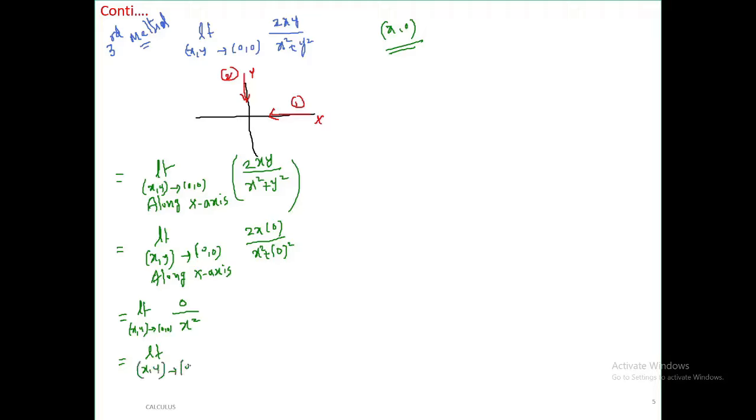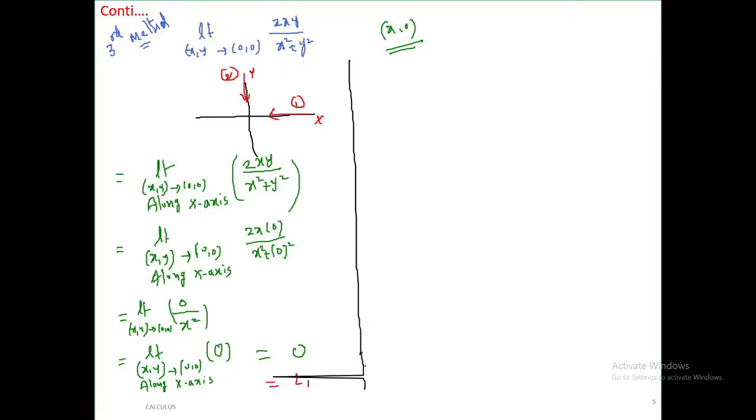Simplify the function. 0 by x square is 0. Now what is this value? There is no term inside, therefore answer is 0. Understood? So this is L1 now, first limit along first path. So by path 1 you are getting limit value 0. Okay. Next go to the path number 2.